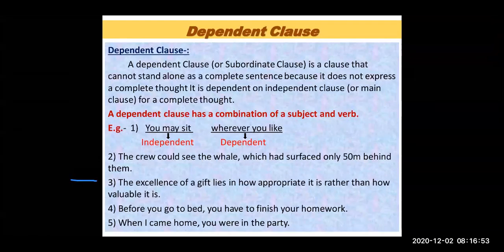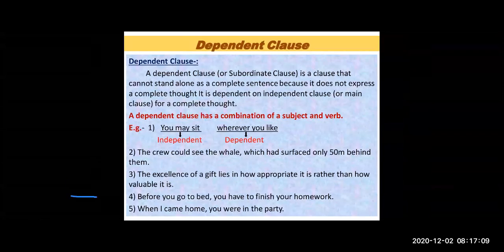See, third sentence: the excellence of a gift lies in how appropriate it is rather than how valuable it is.